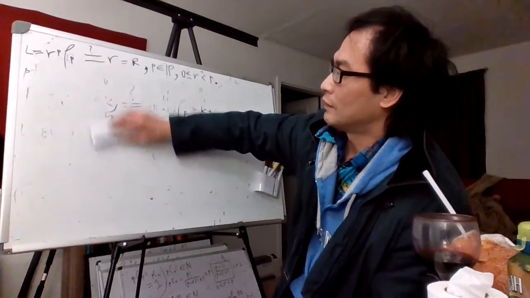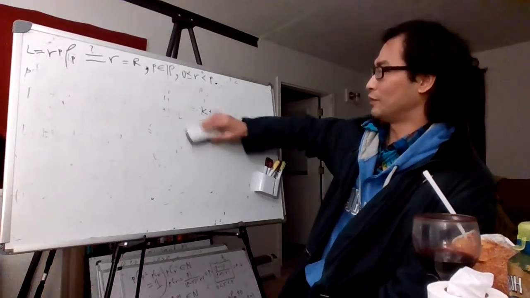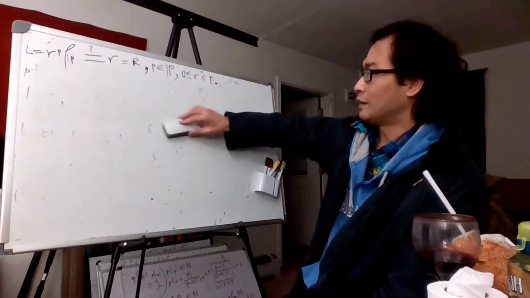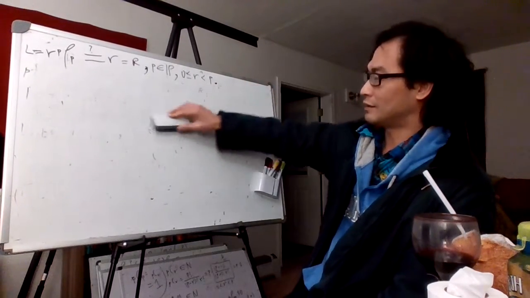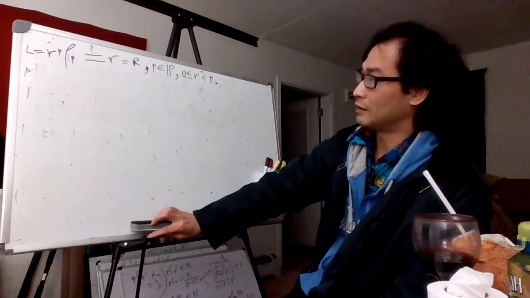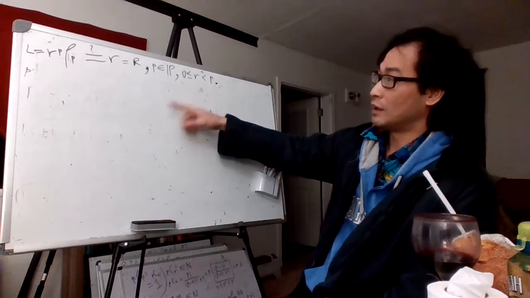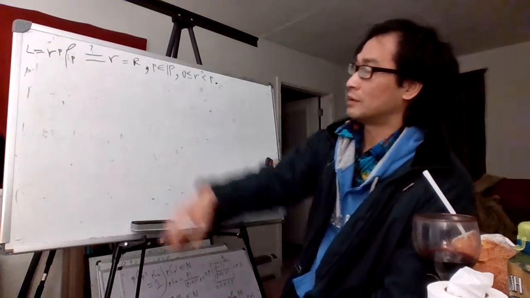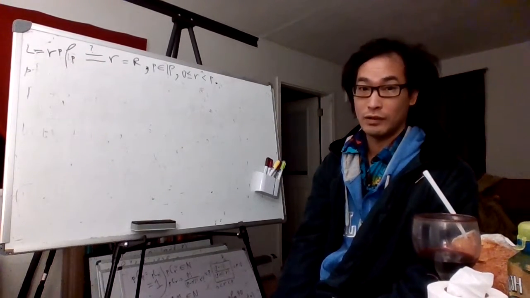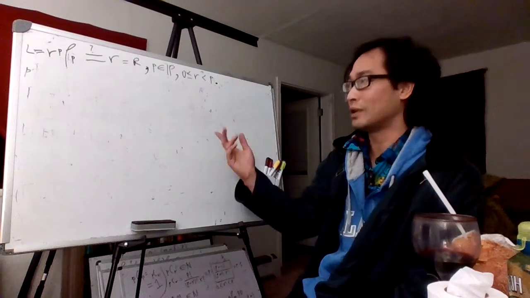Why? In raw algebra, it's quite surprising, right? P is a prime number, and R is a remainder. P to the P cancels out. Let's give it a name. Let's call it the cancellation theorem.